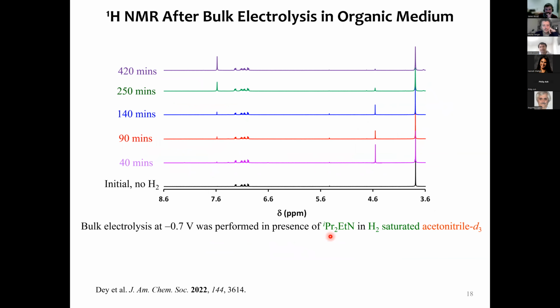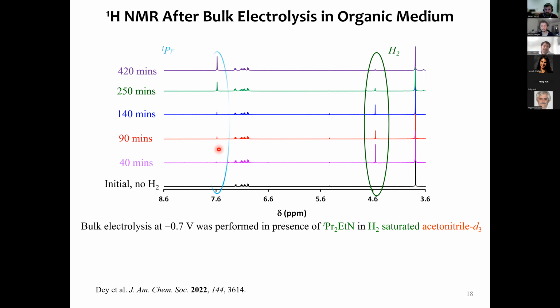Next, to determine the faradaic efficiency, we have performed a bulk electrolysis experiment in hydrogen saturated deuterated acetonitrile medium in presence of excess diisopropylethylamine, followed by proton NMR. And we observed that the peak around 4.53 ppm, which decreases with the increasing time of bulk electrolysis, is due to the dissolved hydrogen in acetonitrile medium.